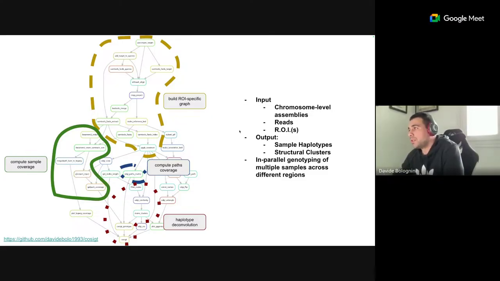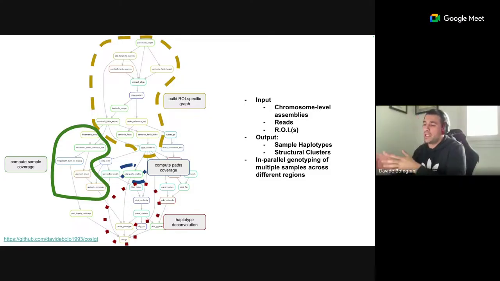At the moment, our workflow requires as inputs chromosome-level assemblies, like those generated by HGSVC, HPRC, or whatever, just those that we know belong to a certain chromosome, reads from one or more individuals, and one or more regions of interest that we want to genotype.